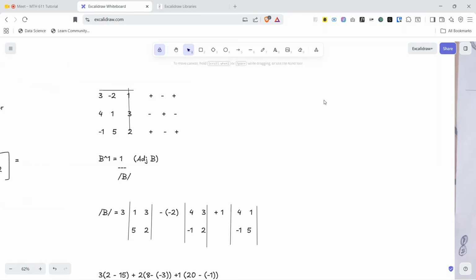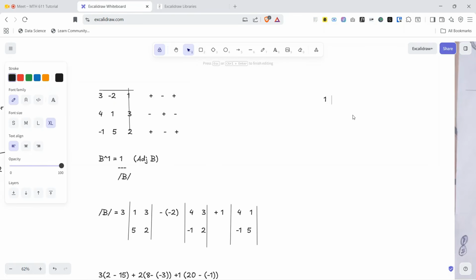Okay, let me just rewrite it. The first one would be 1, 3, 5, 2, minus 4, 3, minus 1, 2, then 4, 1, minus 1, 5.